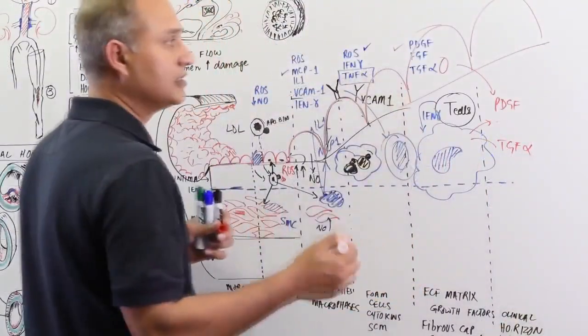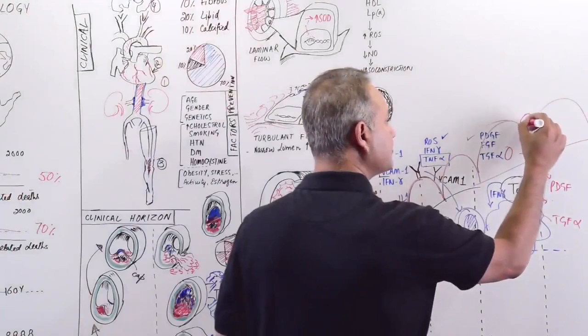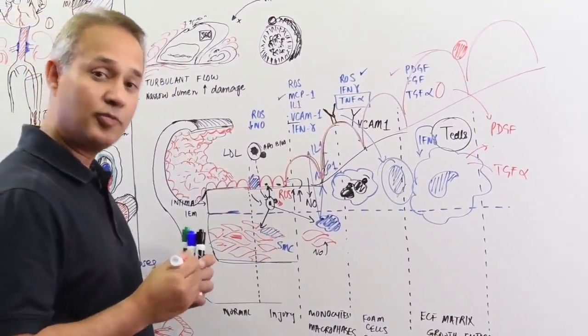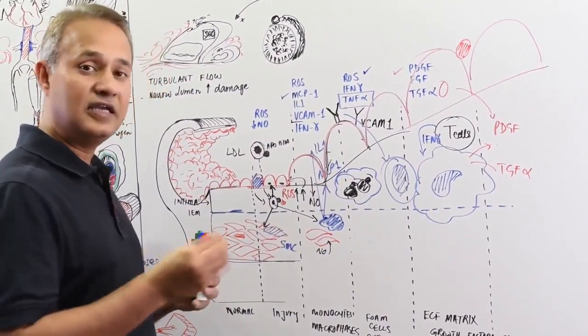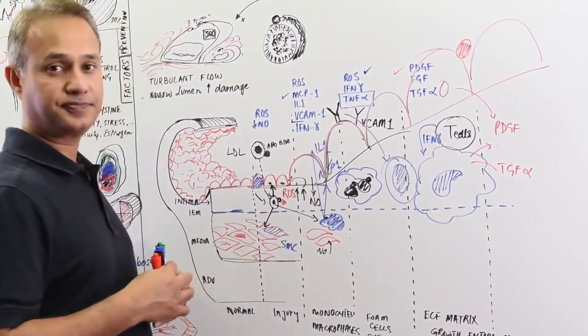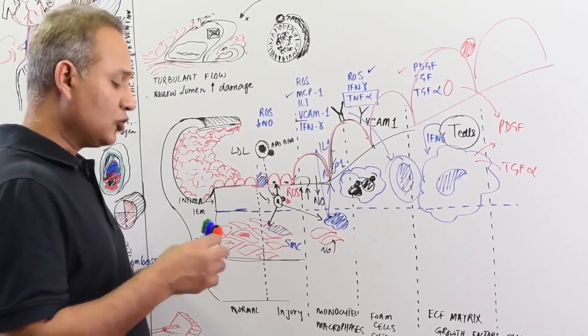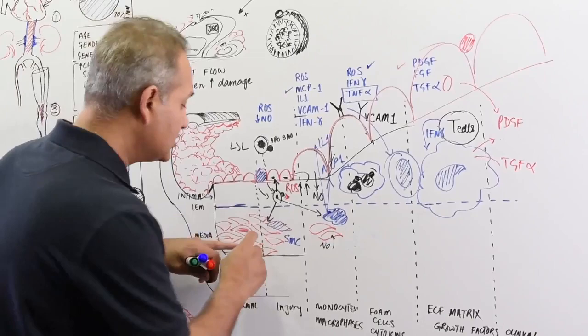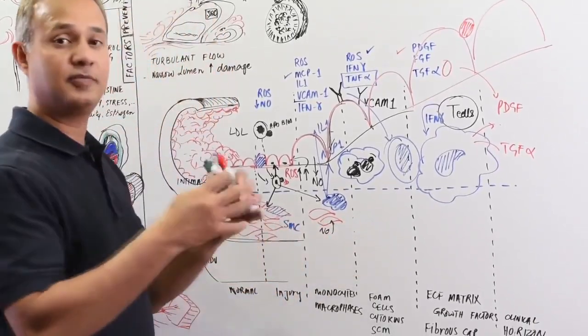In short, the platelets and the other cells present in the site of the atheroma increase the release of growth factors. Now that growth factor increase will cause the smooth muscle cells to start becoming proliferated.